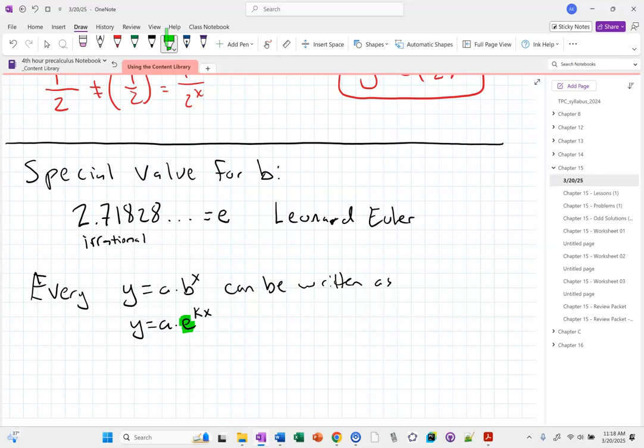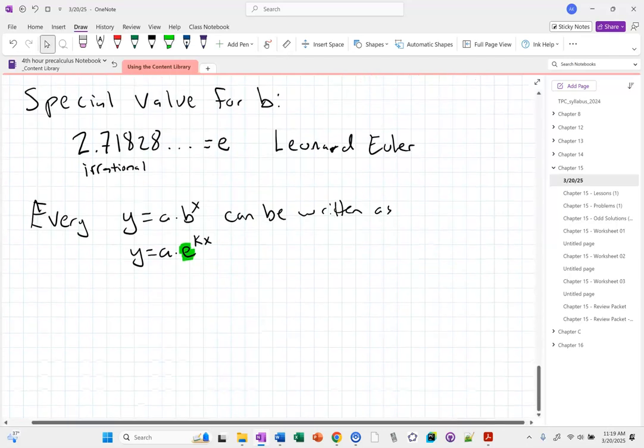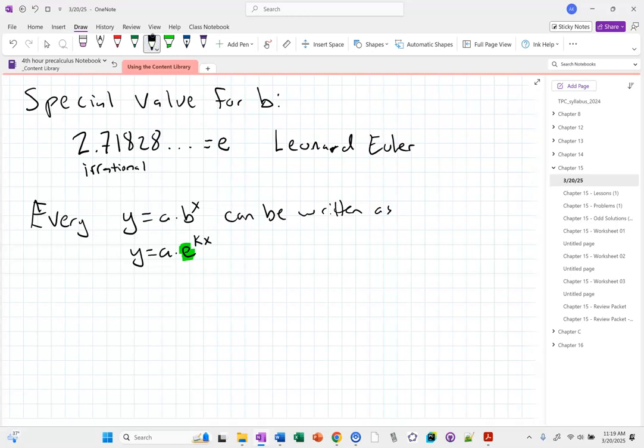It's like our universal translator: I can take any exponential function and write them all with the same base. A little later in this chapter, we'll show you where this number comes from. But that's enough for right now.